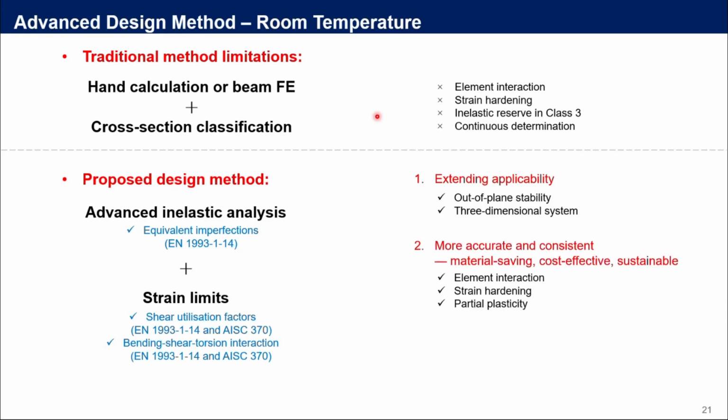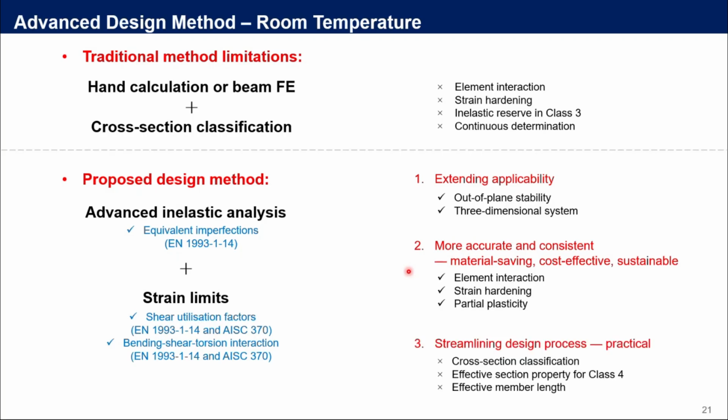And compared with the traditional hand calculation approach, the advanced design method provides more accurate and consistent member resistance predictions, which further indicates more material saving, cost-effective, and more sustainable structure design. Additionally, this design method also streamlines the design process by eliminating the need for cross-section classification, the calculation of effective section properties, and the calculation of effective member length, thereby promoting more practical structure design.